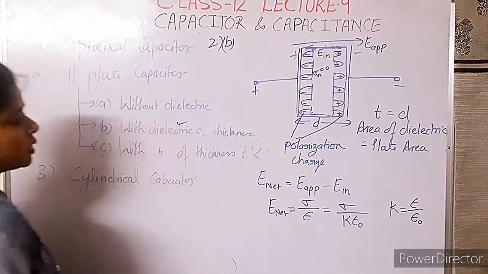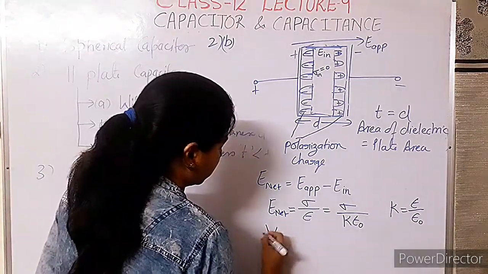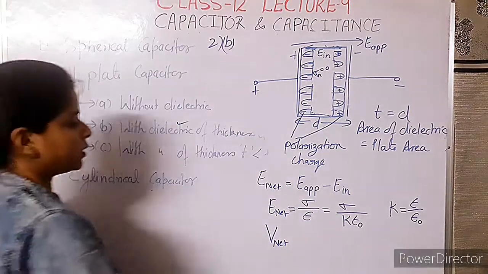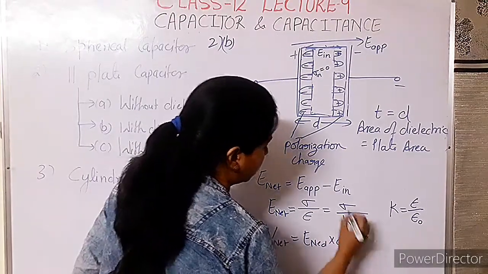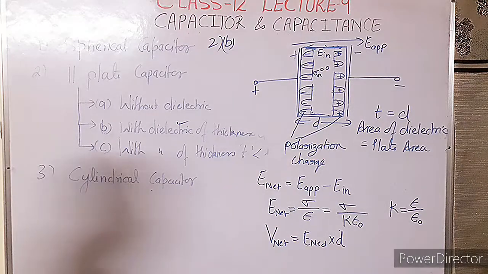Now the further steps are very simple. We will get the result for the potential difference V net. This should be equal to E net into D, on the basis of the potential gradient formula.